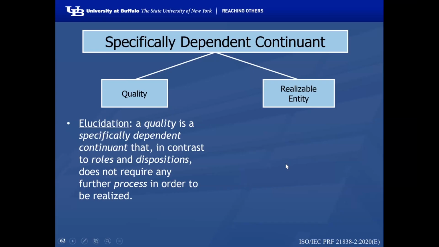A quality is a specifically dependent continuant that, in contrast to roles and dispositions, does not require any further process in order to be realized. So qualities are simply there. The color of my shirt is there. It doesn't need to be realized. Realizable entities require that.